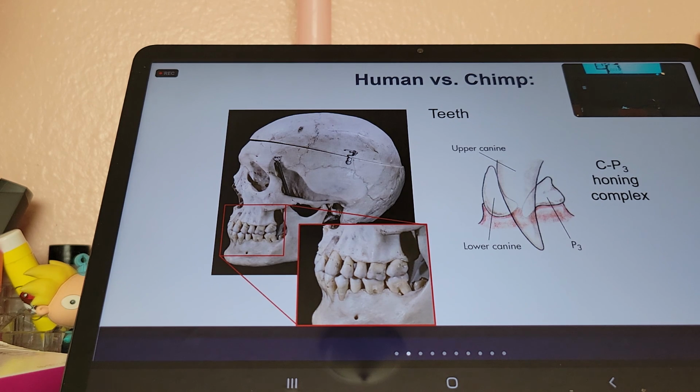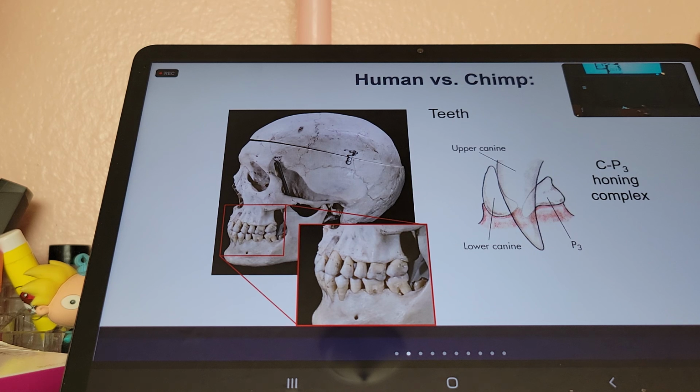Here's the P4. This is the mandibular canine. There is no CP3 honing complex. No CP3 honing complex, and you do not have a large projecting either maxillary or mandibular canine.